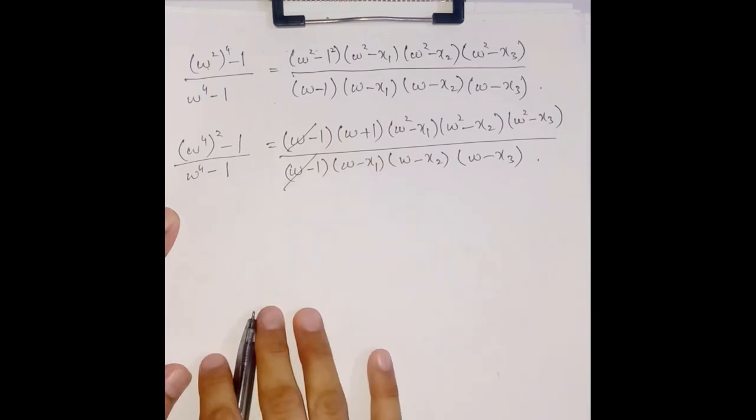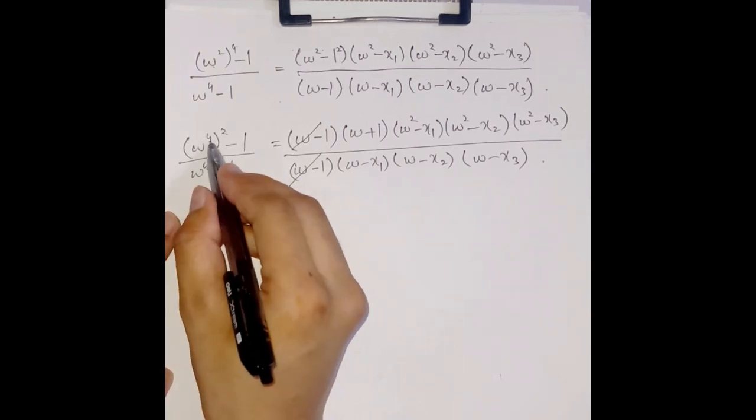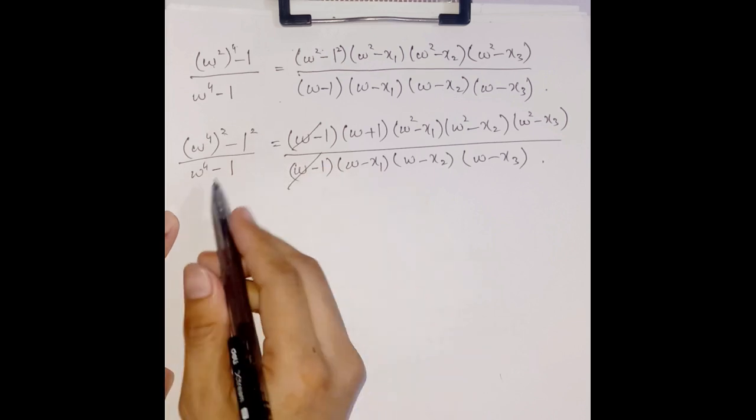Omega minus 1 cancels out with omega minus 1. Here you can see a square, and similarly I write 1 square, that means b square.